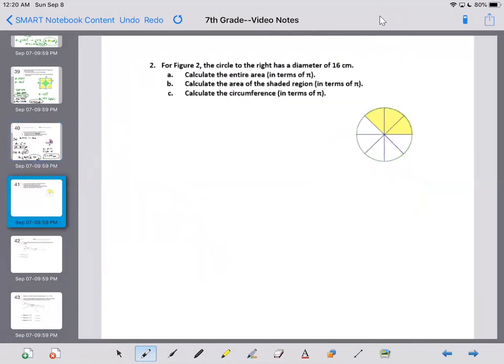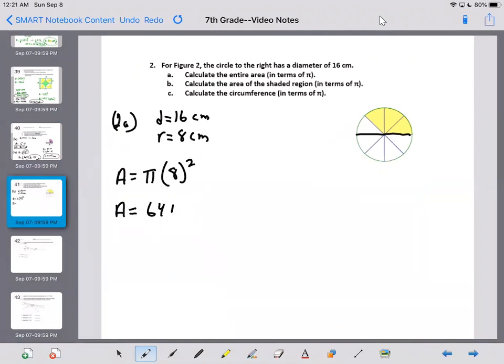Here we want to calculate the entire area, and we know the diameter is 16. So for 2A, we know the diameter is 16 centimeters, so the radius is 8 centimeters. So area equals pi times the radius squared. So area would be 64 pi square centimeters. That's 2A. And then 2B is, I want to know the area of the shaded region.